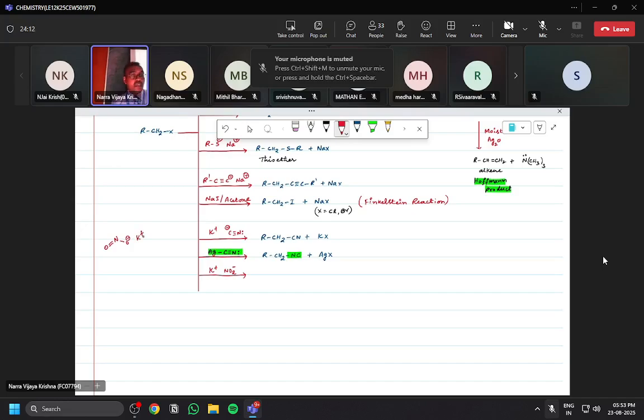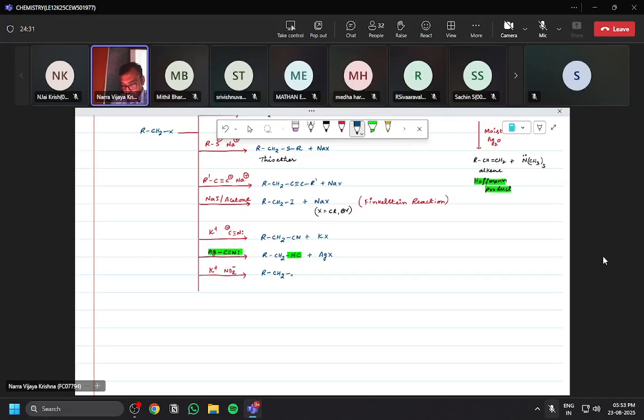Which acts as nucleophile now? NO2 minus acts as a nucleophile. It will attack the carbon, making X leave, right? So what should be the product? R CH2 O N double bond O, plus KX.